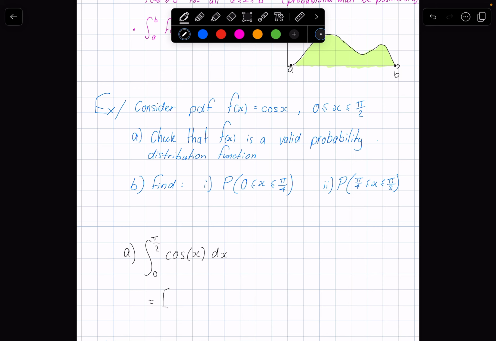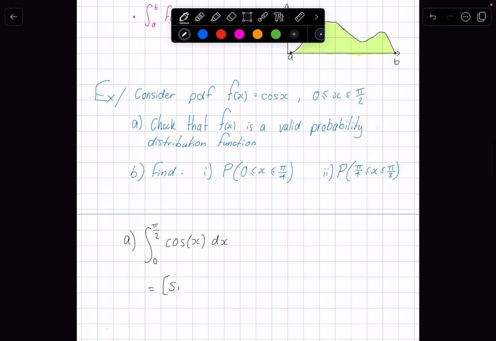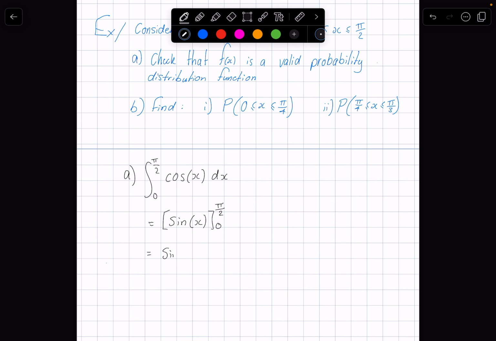Now obviously when we integrate cos of x, we get sine of x, and we want to solve that at the limits pi on 2 to 0. So I get sine of pi on 2 minus sine of 0. Now you can use your unit circle. You should probably know sine of pi on 2 is 1. Sine of 0 is 0, and that equals 1. Therefore, we have a valid probability distribution function.